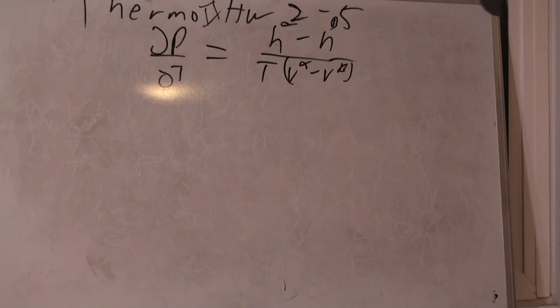Okay. Now it's trying to find the triple point. So what is the triple point defined as? Well, the triple point is defined as where I have 3 phases: solid, liquid, and vapor.